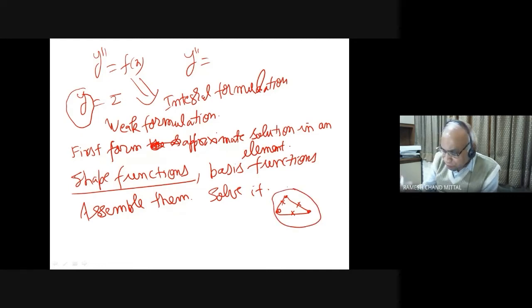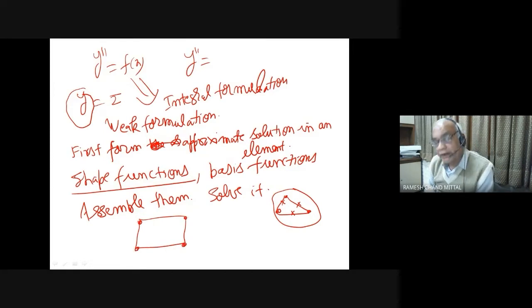Similarly, for a rectangle, you will find the solution for a bilinear element in terms of these 4 nodes. And once you know the solution at the nodes, you can find the solution in the interior of the element. That's basically what finite element is.